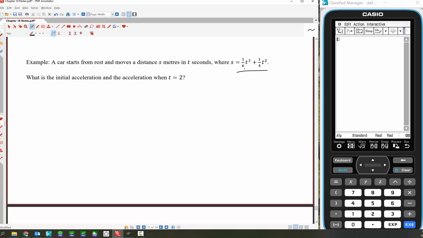So what we'll do is, this is the displacement function. So I'm going to say that this is, let x of t equal that. Then I'm going to get my velocity function.